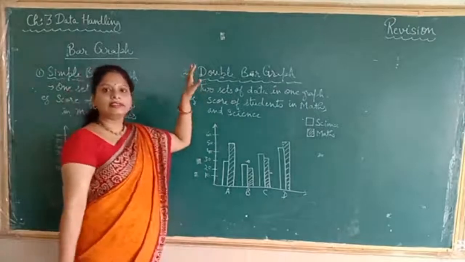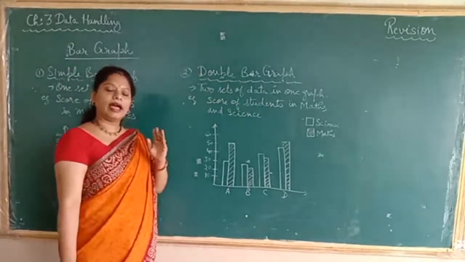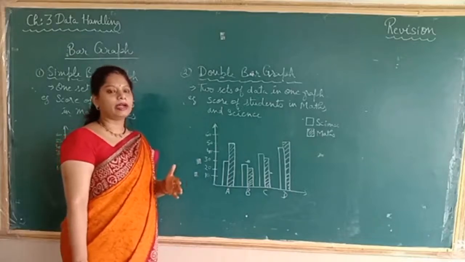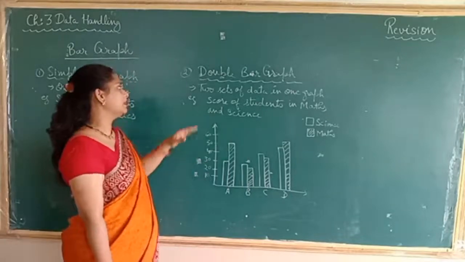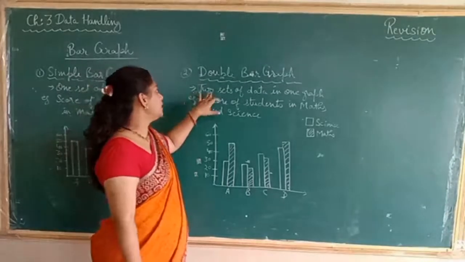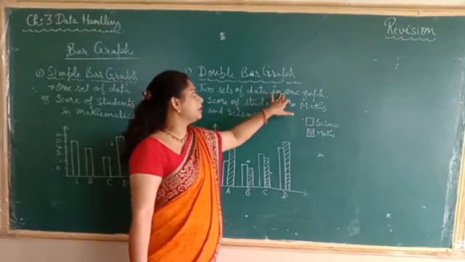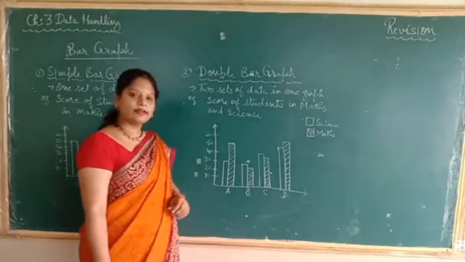Now, in a similar manner, we have the double bar graph also, and we prepare the double bar graph in a similar manner. But what is the difference? The difference is that two sets of observations or data are represented on a single graph.